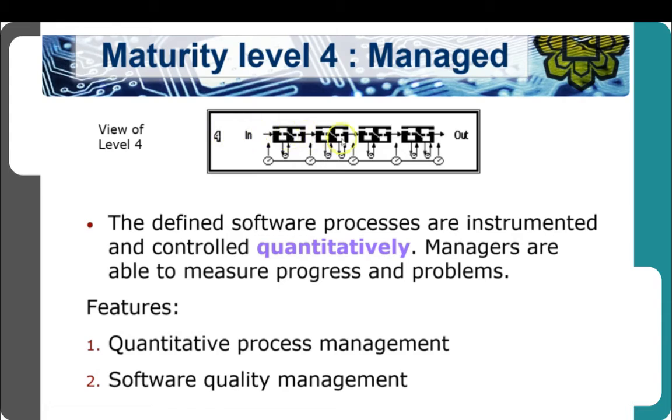Now not only can we see the internal structure, but we can control the internal processes quantitatively. That means the managers are able to measure the progress and the problems for the internal processes. So the key process areas that are relevant for this level are quantitative process management and software quality management.